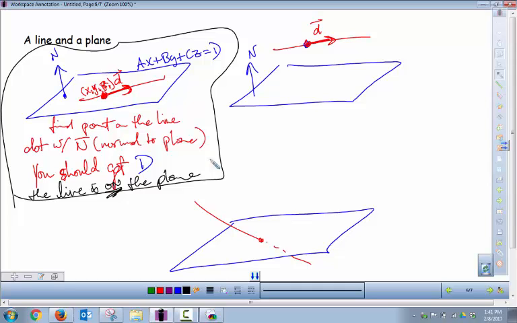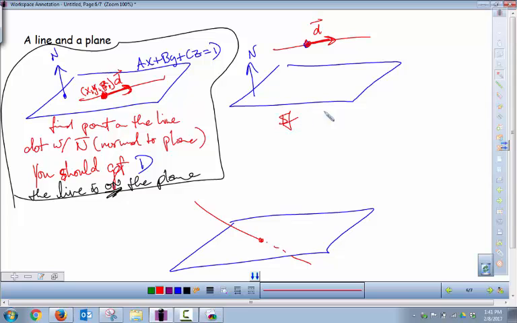So going on that, if we dot the point and the normal, and we don't get d, it's parallel but not on. Right. Well, and also the n dot this d is equal to 0.